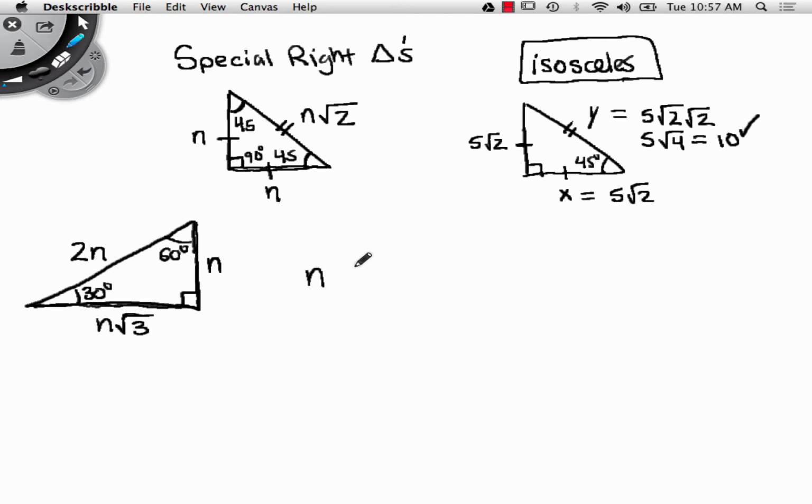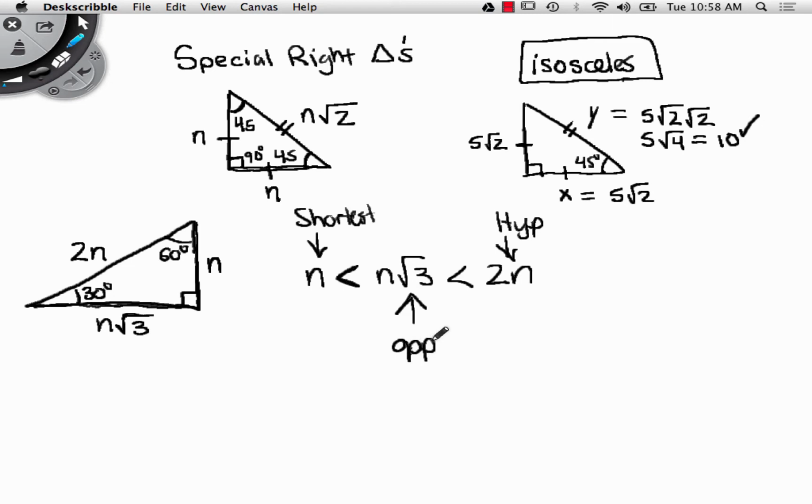N. What's the middle guy? N square roots of 3. And then the longest? 2n. This right here is the hypotenuse. This right here is the shortest side. And this guy is the side that's opposite the 60 degrees. And that always works, by the way, for a 30, 60, 90. 100%. That's just always the case. Okay, so I gave you a 30, 60, 90.